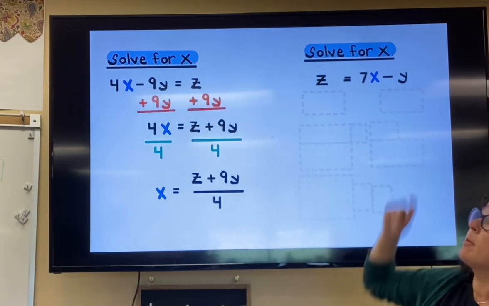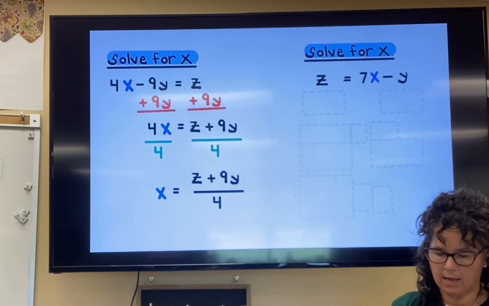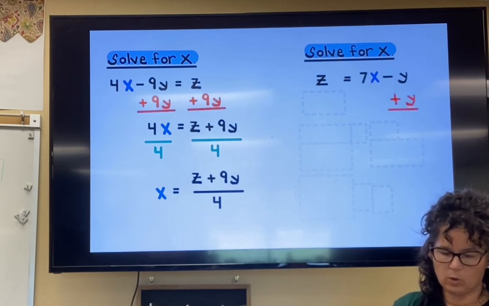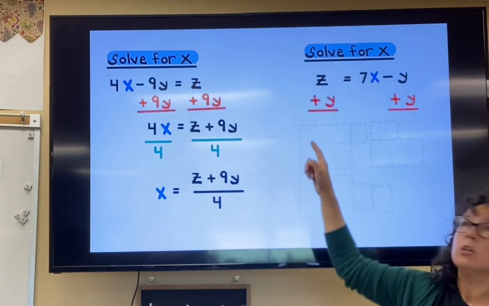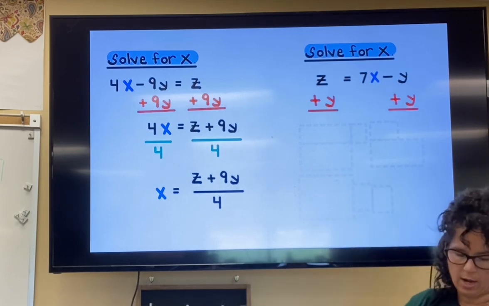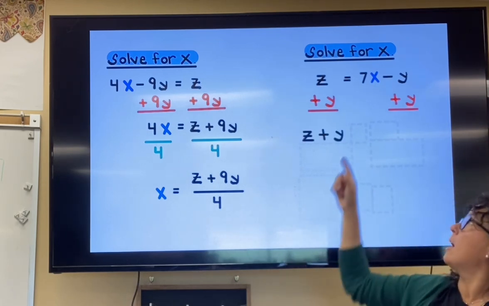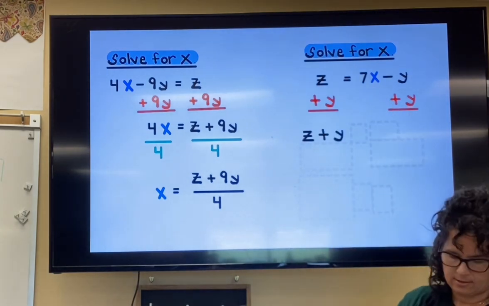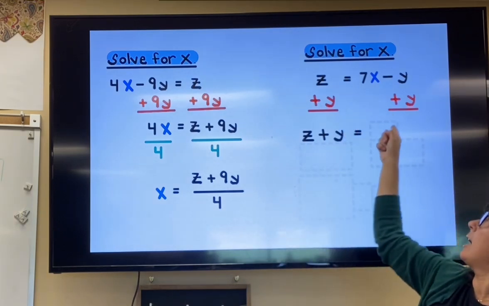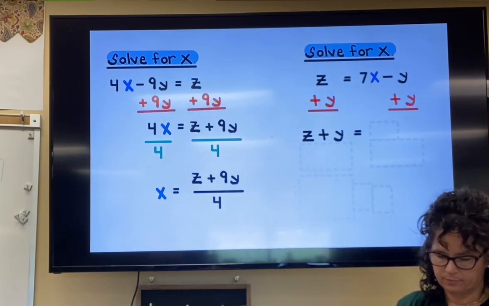So getting rid of the minus y first, I'm going to add y. What I do to one side, I do to the other. So I have z plus y. And then on the right-hand side, bringing down the equal sign, I have 7x still.